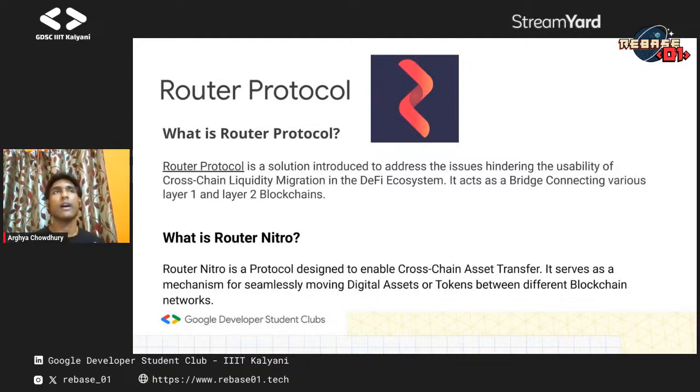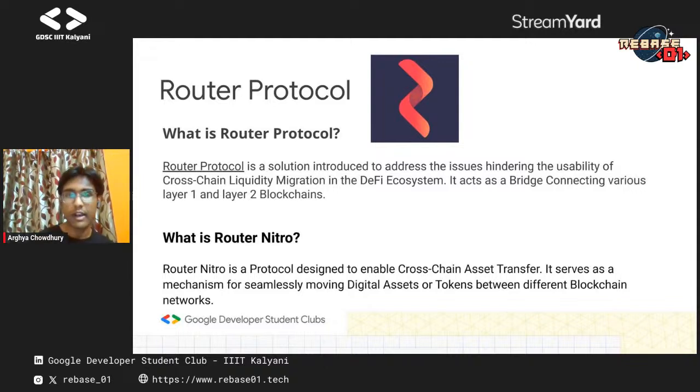So see, in a very easy way, Router Protocol is similar to Wormhole, but their architecture is different. How they're working, how the whole architecture looks like, and how they transfer those assets is totally different from Wormhole.